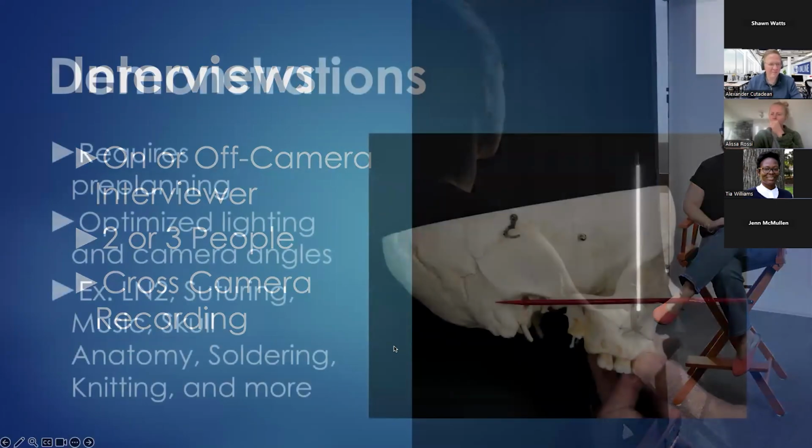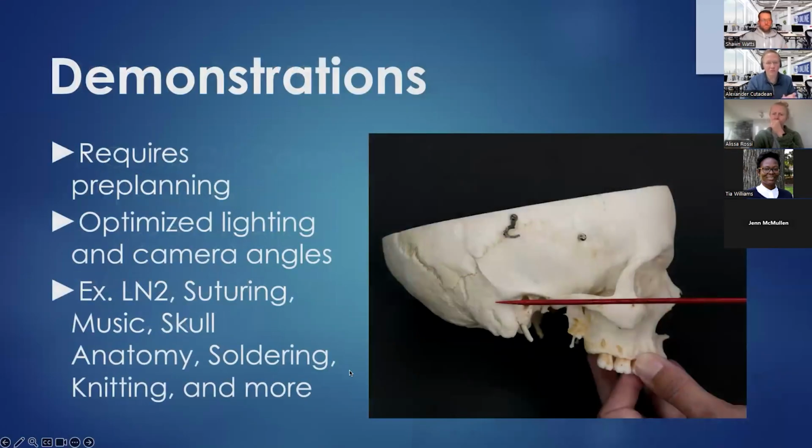We also do demonstration videos. These demonstrations are very unique. There is some pre-planning we like to do, especially for something like an anatomy of a skull video. We want to get the correct angles. We want to make sure it's lighted correctly, and that's something we definitely want to do some pre-planning with.